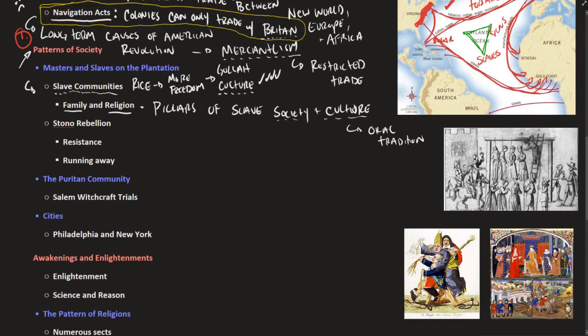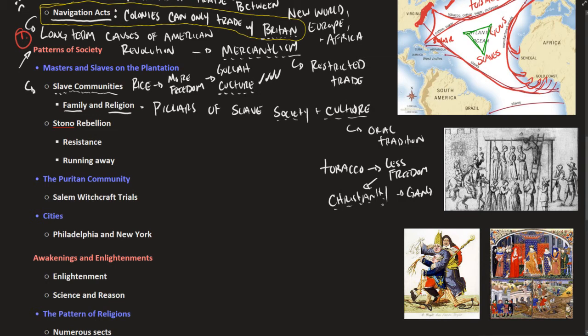Whereas on the tobacco plantations, there was a lot less freedom. Slaves were more likely to be converted to Christianity, especially in the colonial period. It was gang labor, and more or less dictated by the sun.